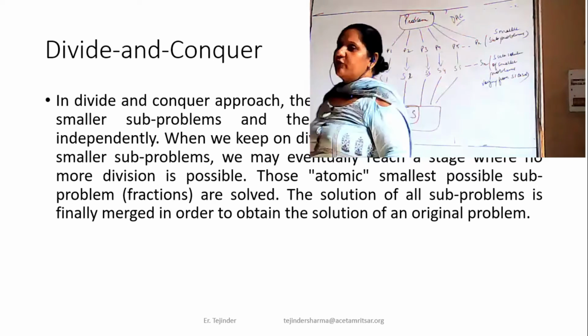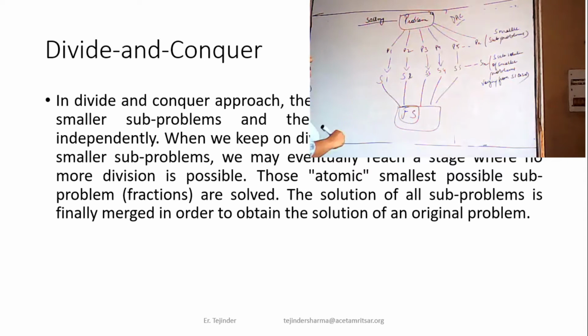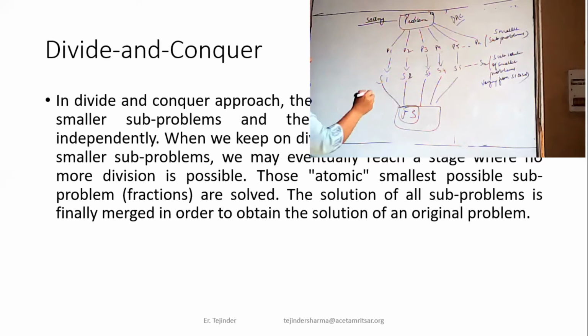What it wants to say is, suppose the major problem is sorting and we have been given 10,000 numbers to sort, then we will divide that list into, say, 100 elements each. That will be my problem 1, problem 2, problem 3, problem 4, problem 5, and so on. That means these problems will also be of similar types.